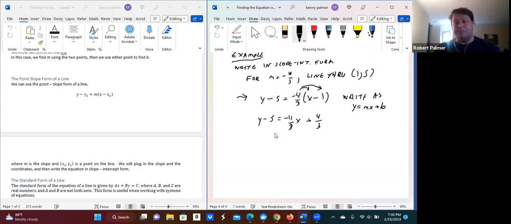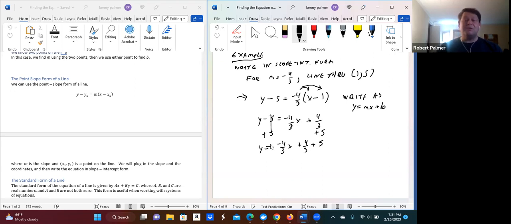Now, I need to add 5 to both sides to get y by itself. Then we have y is equal to negative 4/3 x, then plus 4/3 plus 5.